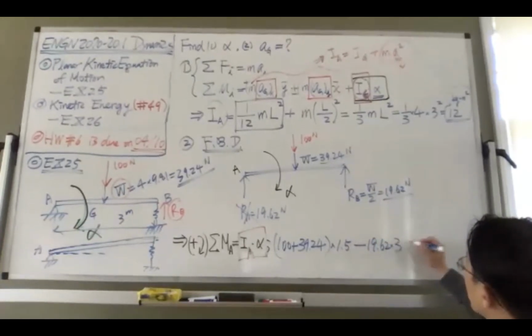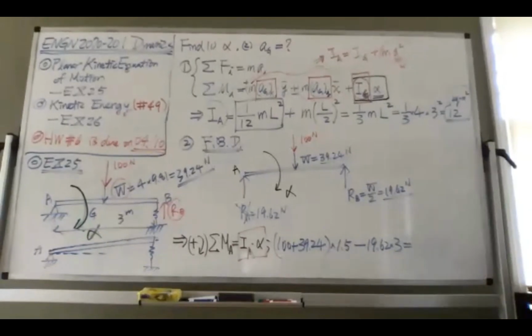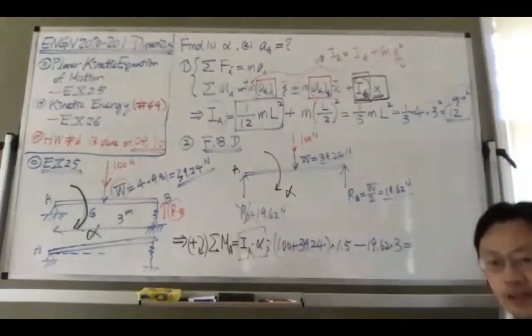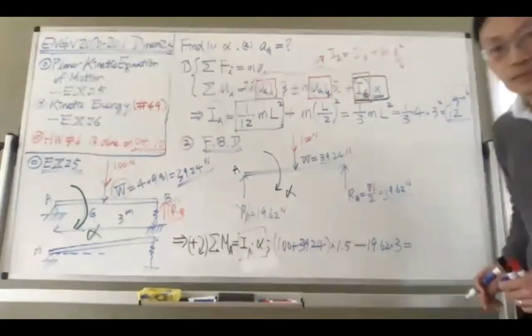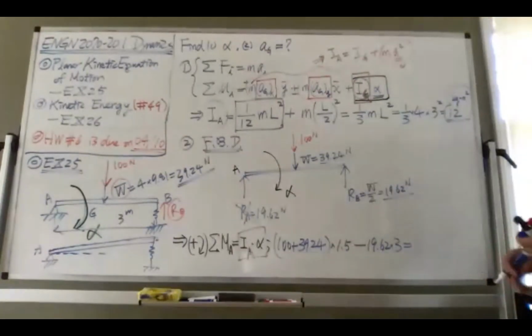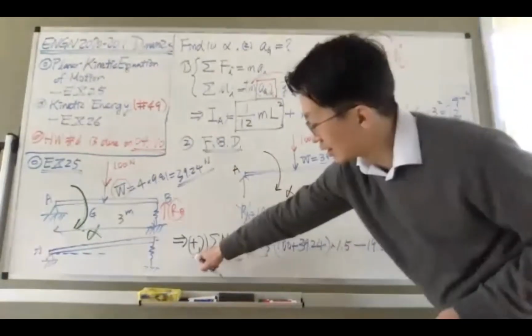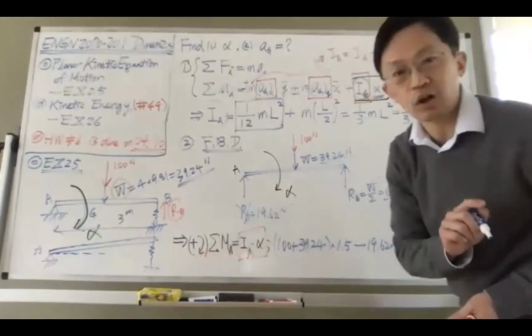19.62 times 3 equals to, now, what is the sign for the alpha here? Positive or negative? Positive, right? Because it is the same direction as you assume to be the positive direction of the moment.